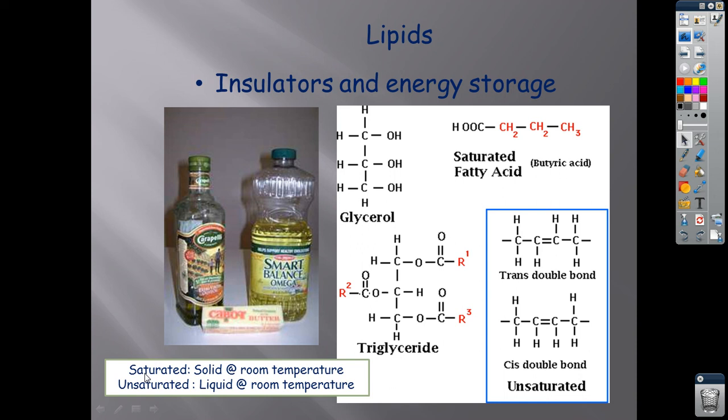And here we see again saturated and unsaturated. If you've got a saturated solid at room temperature and you've got an unsaturated liquid at room temperature, how do you go from saturated to unsaturated? You increased the bonds. It increased from a single bond to a double bond.